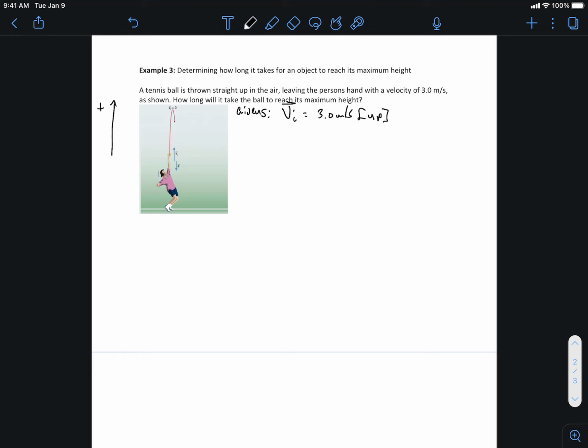Okay, we also know the acceleration due to gravity. It's going to be 9.8 meters per second squared down. We can make it negative, because in the downward direction, that's all negative stuff, right?